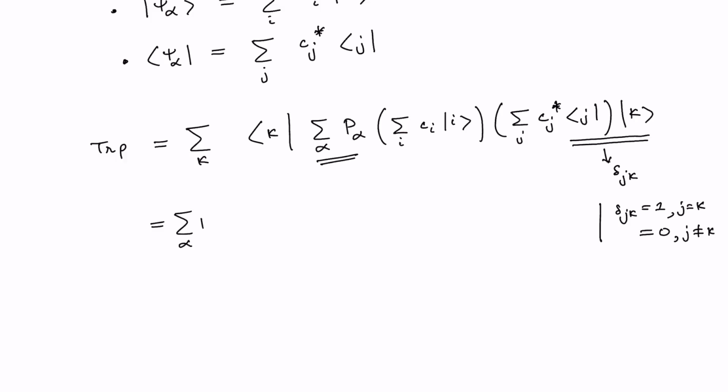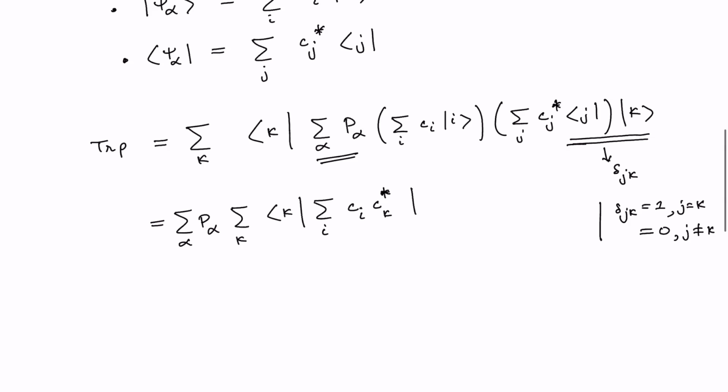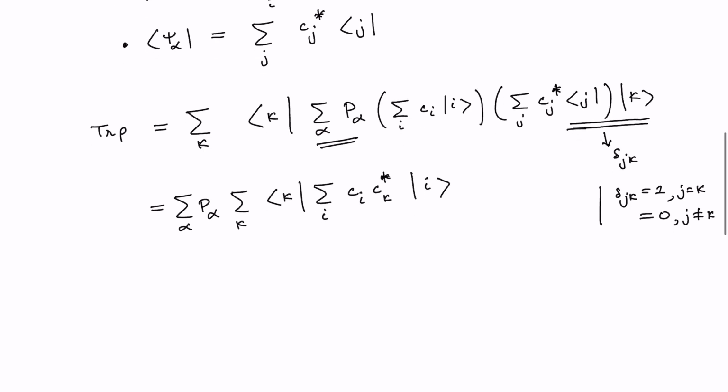So using this, I can now write sum over alpha p alpha outside, and then sum over k here, and using this property, if I put j equal to k, then I will have sum over i ci, and ck star, and I have also here ket i.